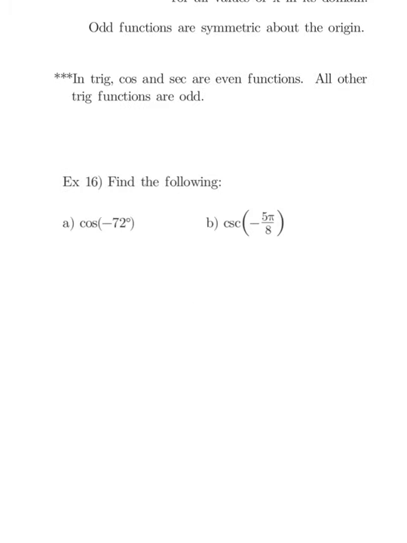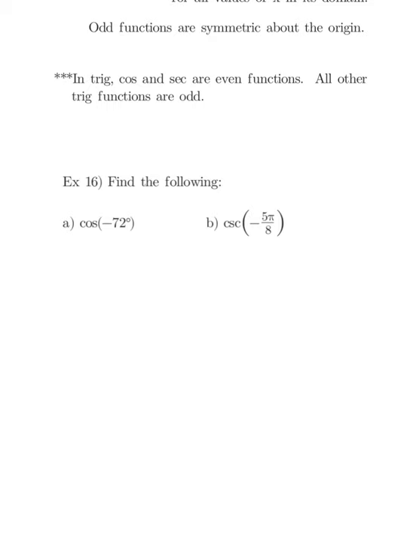On example 16, we are just going to put into play what even versus odd means. We are asked to find the cosine of negative 72 degrees. We are not actually going to do this on our calculator or anything. We just want to understand what this means with this negative sign.